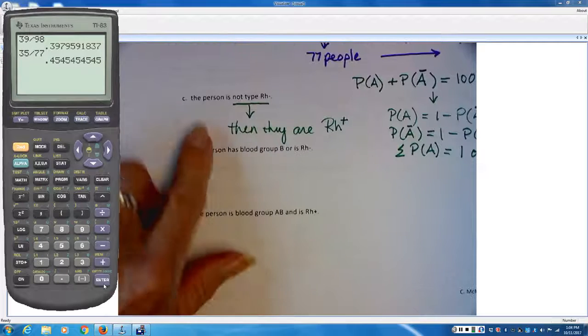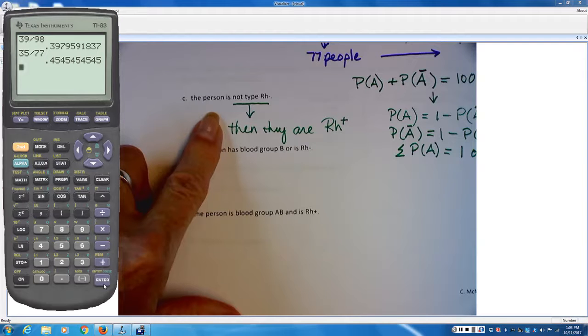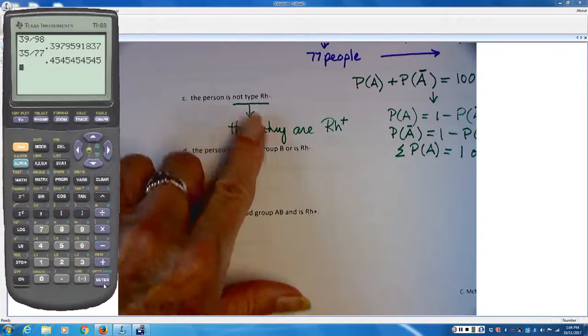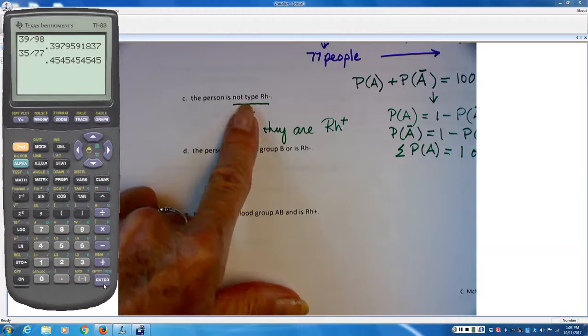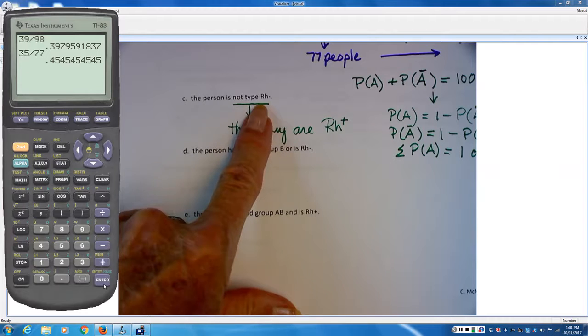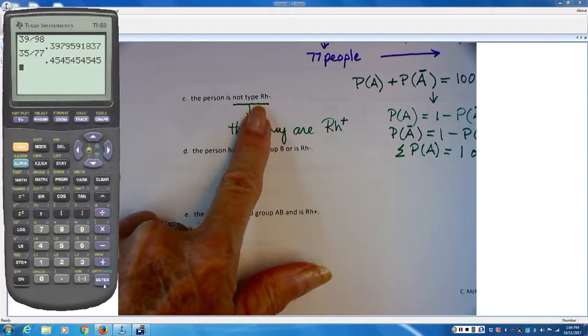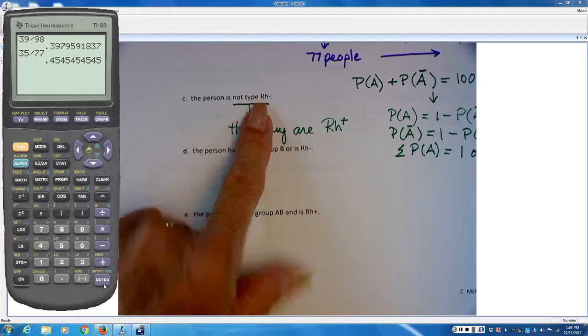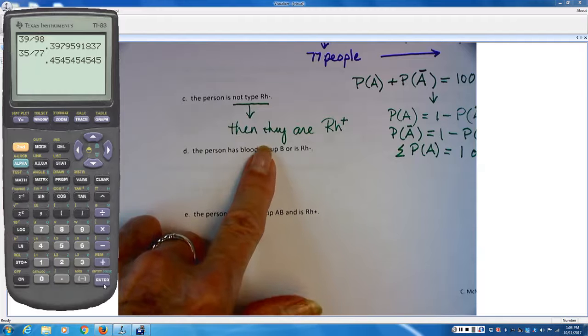So this is really an excellent look at, what does the complement rule really say? This says the probability the person is not type Rh positive. If they're not Rh negative, then they must be Rh positive.